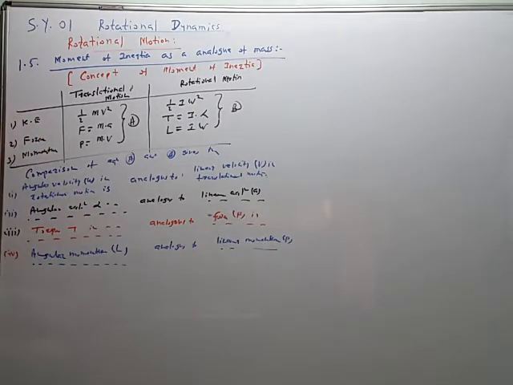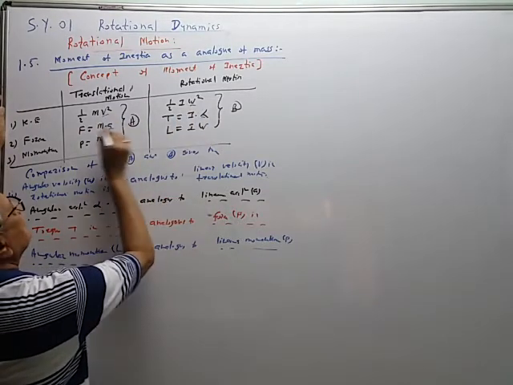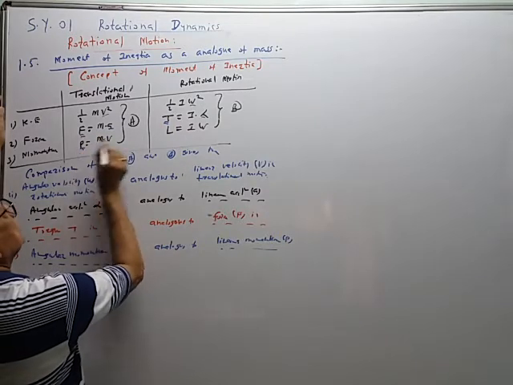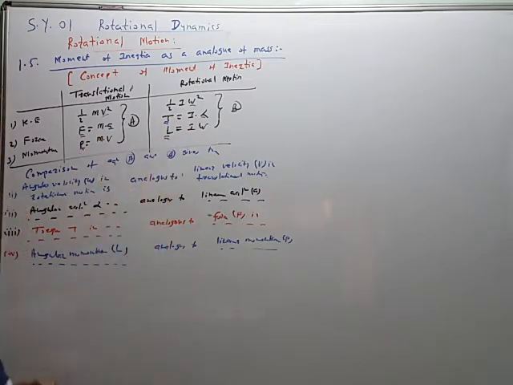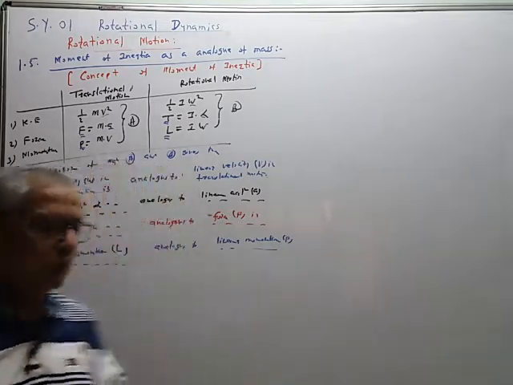So all these quantities are like this one. V corresponds to omega, a corresponds to alpha, F corresponds to torque, and P corresponds to L. And therefore, what conclusion can we draw?